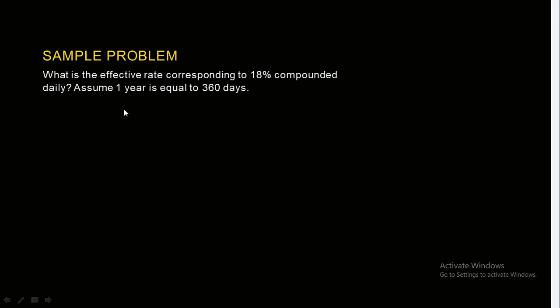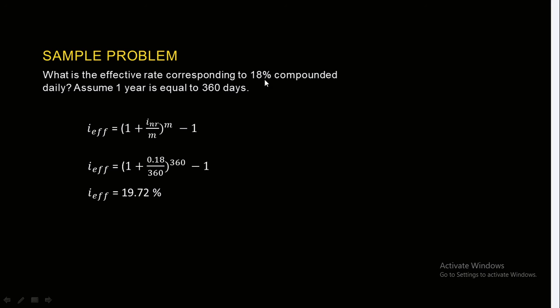Sample problem. What is the effective rate corresponding to 18% compounded daily? Assume 1 year is equal to 360 days. By using the formula, i sub eff is equal to parenthesis (1 plus i sub NR over m) raised to m minus 1.